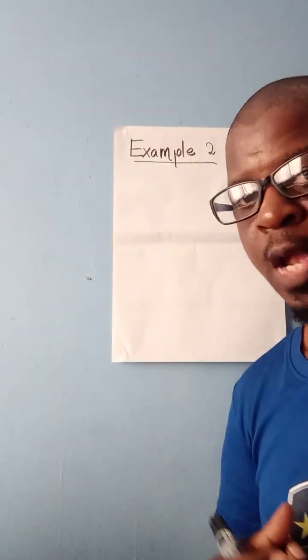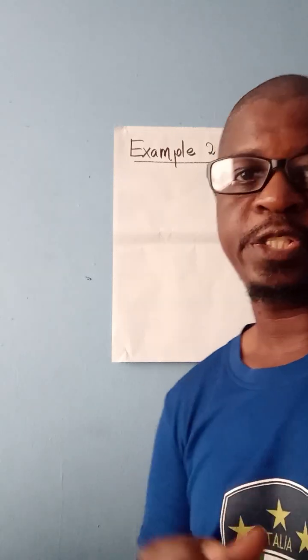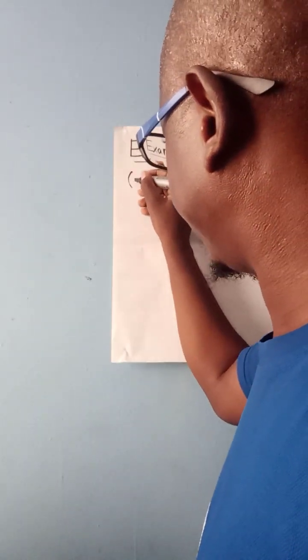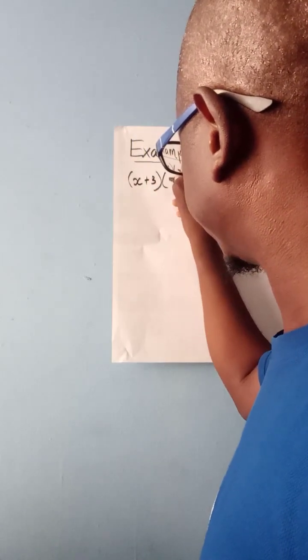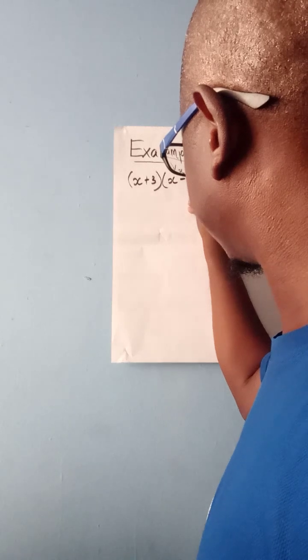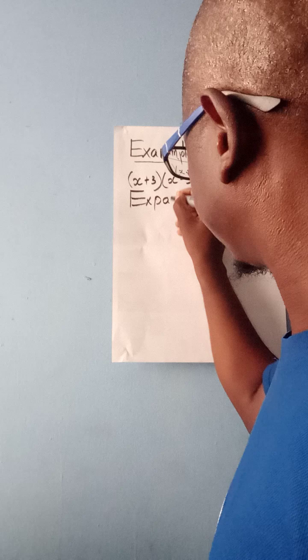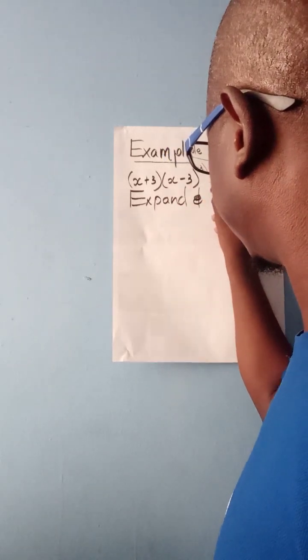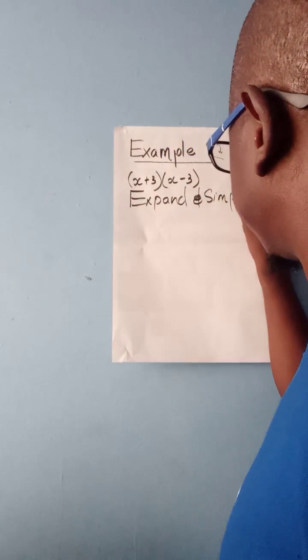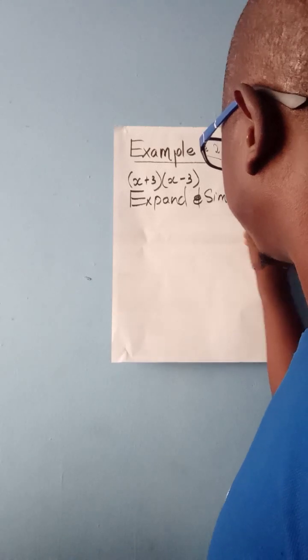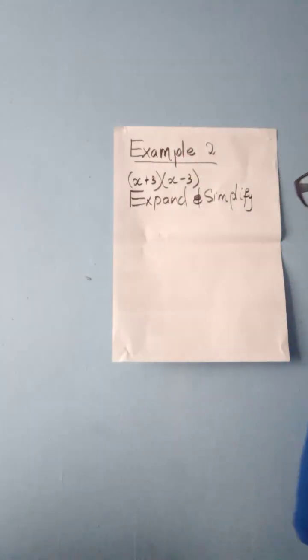Now, as we continue, let's continue with our example number 2 on difference of two squares. Let's say we have x plus 3 and x minus 3, and they say expand and simplify.